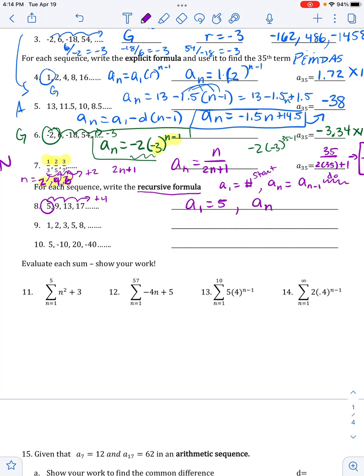Then to get any other term, take the previous term, that's our n minus 1 notation down in the subscript, and then you add 4. So this part is always, always, always a part of my recursive formula. And then it's just a question of, in each particular problem, where do I start? 5. What should I do? Add 4.